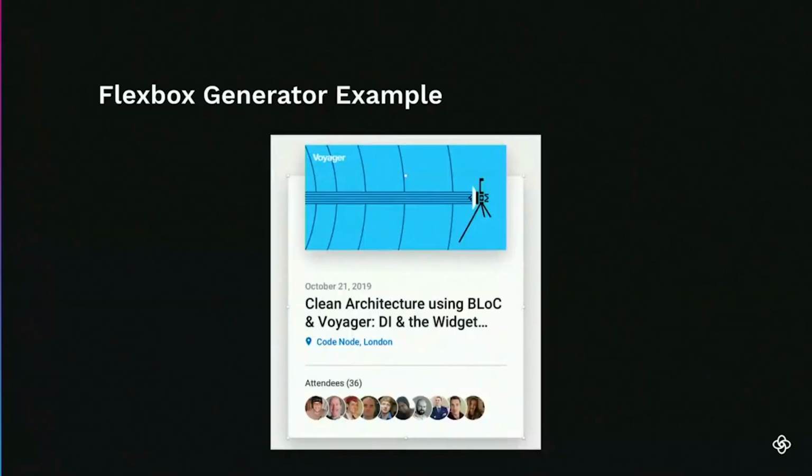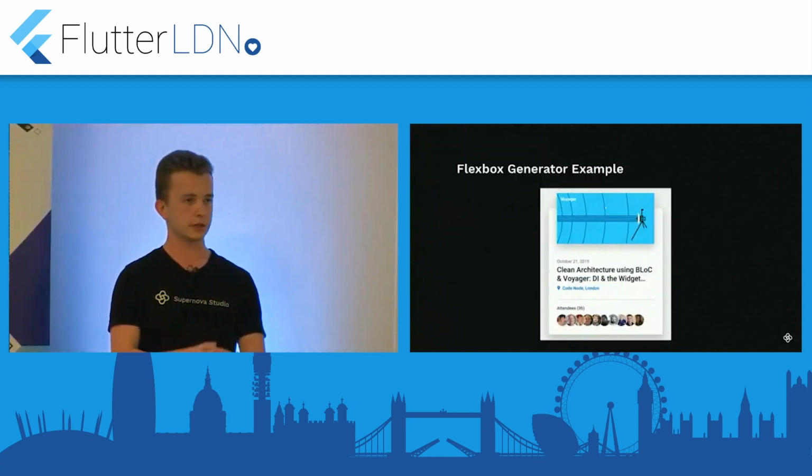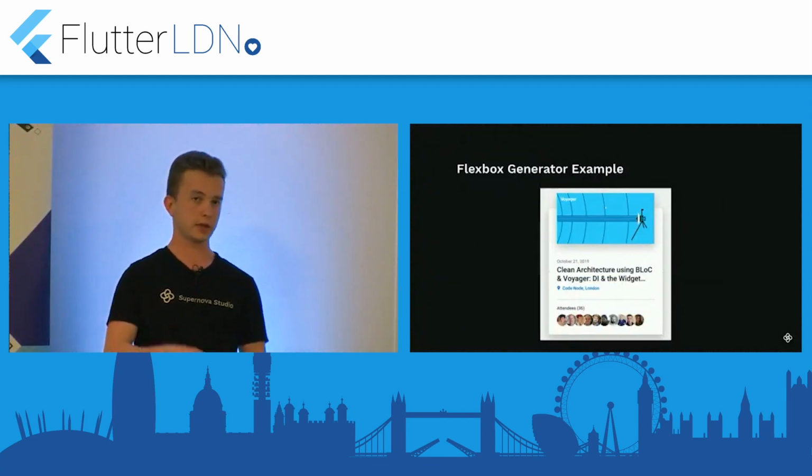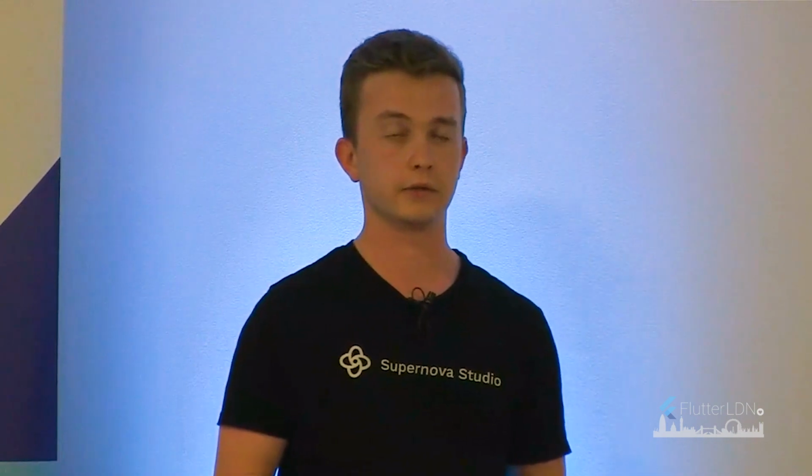So what we did there is the Flutter layout generator, which analyzes the positions of all your components on the screen and takes in all the rules that you've applied through SuperNova and generates the minimal required set of rows, columns, and stacks in order to position your widgets and apply the same responsivity rules as you've defined in SuperNova. So let me show you on a quick example how it works.